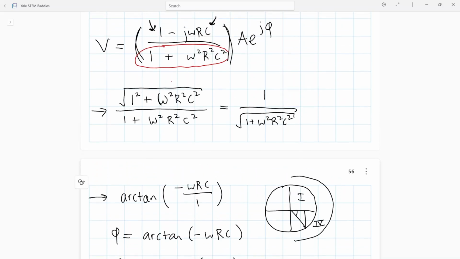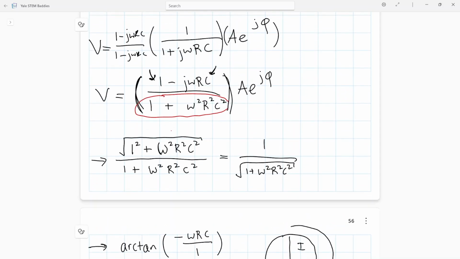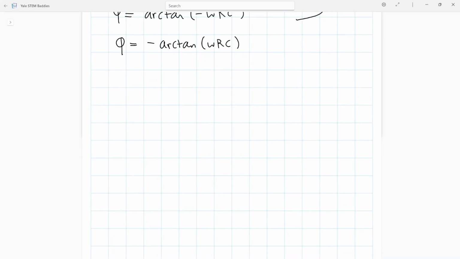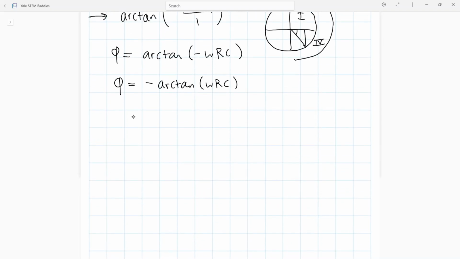Now let's rewrite this complex number in parentheses in terms of the magnitude and phase representation of complex numbers. We take its magnitude, and then we take e to the power of j times its phase, which is this.